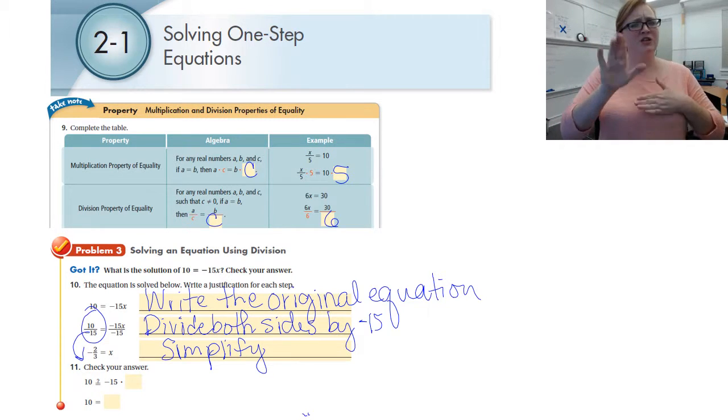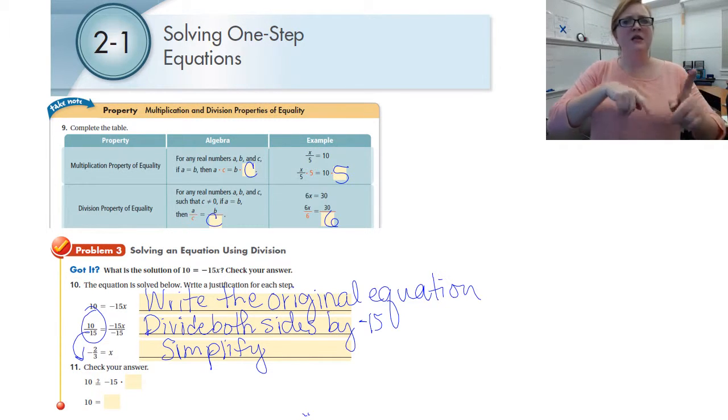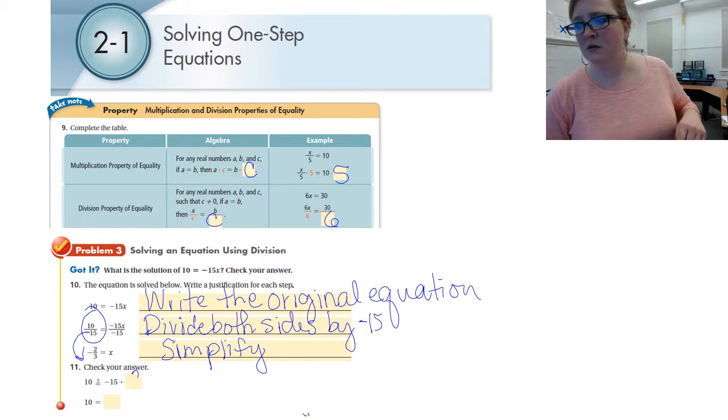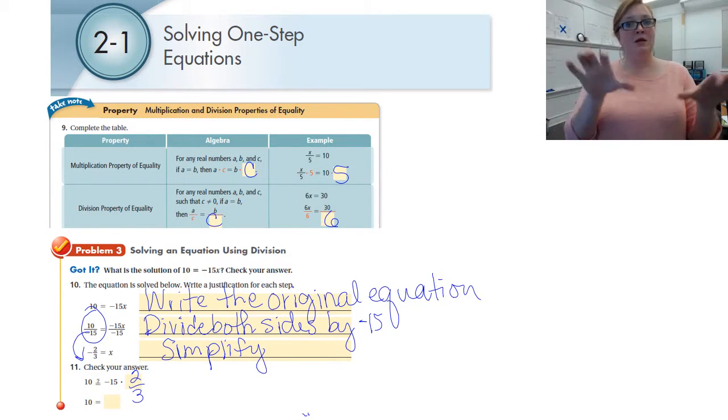Number 11, check your answer. Substitute in negative 2/3 for x. 10, is it equal to negative 15 times 2/3? Let's do the math.